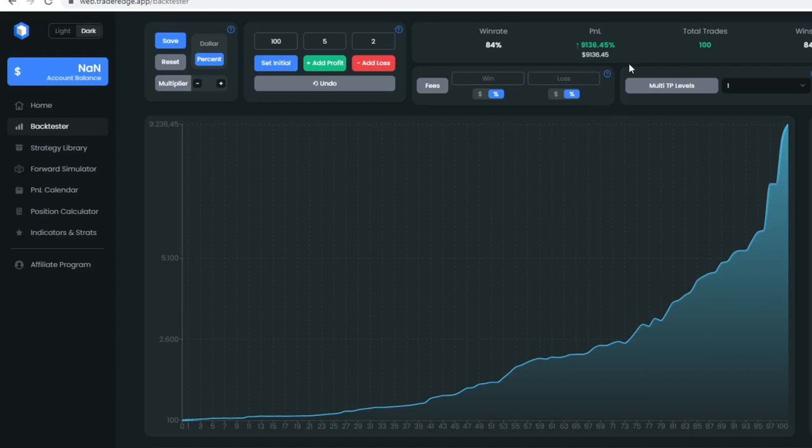Imagine, within 4 days you start with $100, and in 4 days you have $9,000 in your trading account. I think this strategy is just overwhelming, and we can see that in the numbers, because the biggest advantage here is that we can keep our wins running, since the highest profit in one trade was 28%.